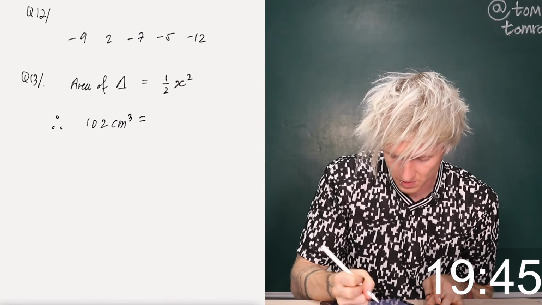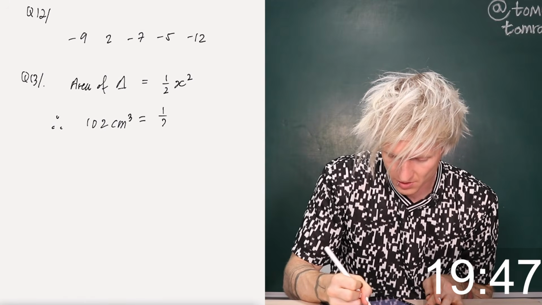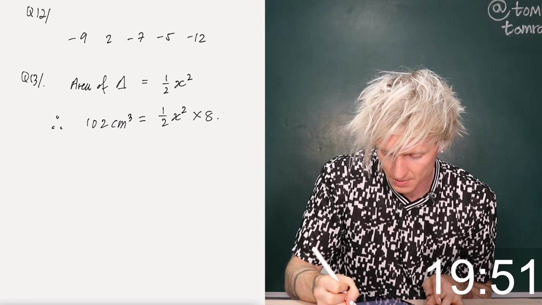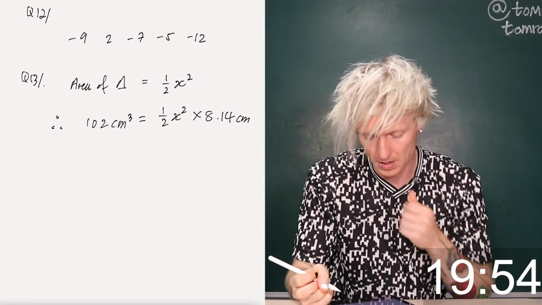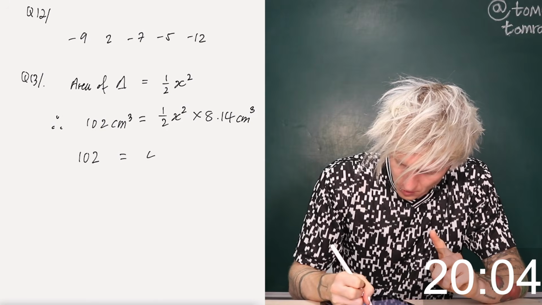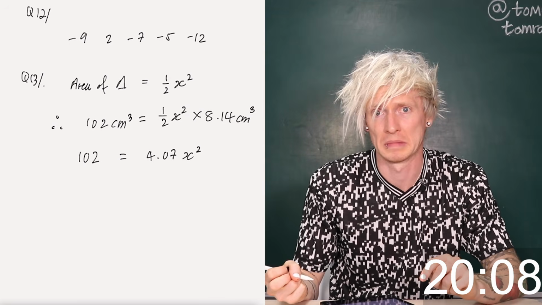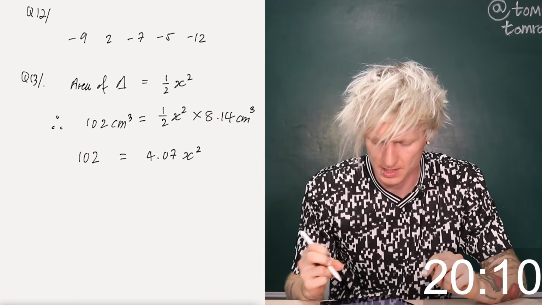The total volume must therefore be the area of the triangle times the height, which is 8.14. Right, so that's going to mean, if I tidy this all up, 102 has to equal 4.07x squared. Not really sure how I'm meant to estimate this, but let's try it.